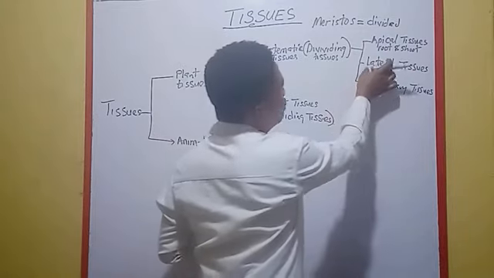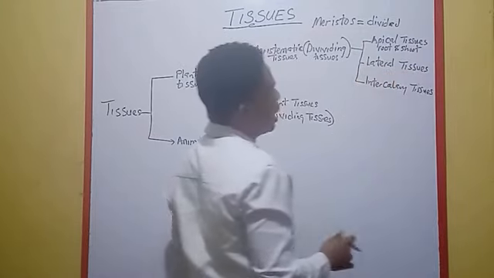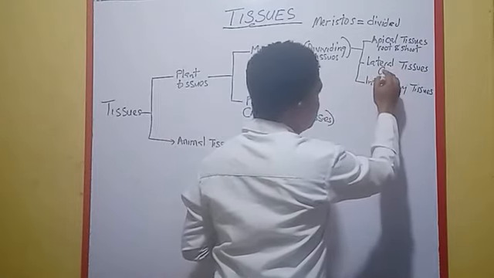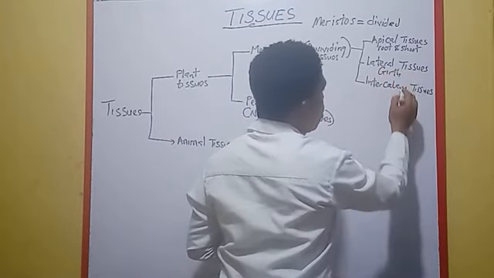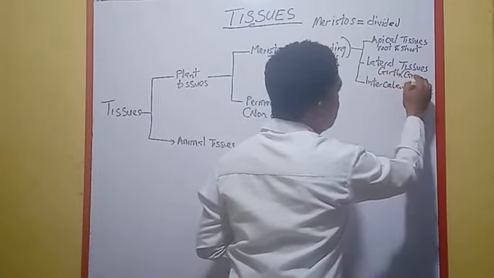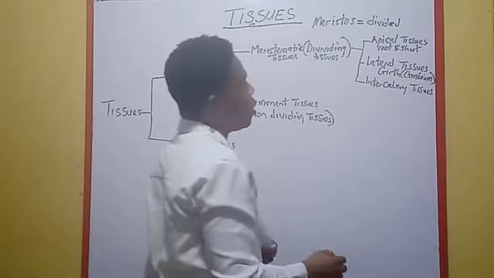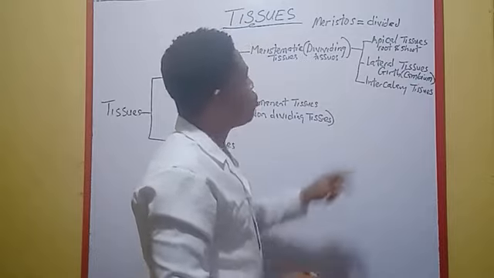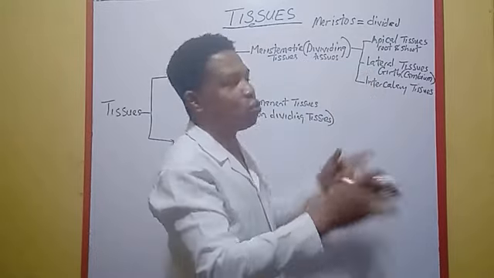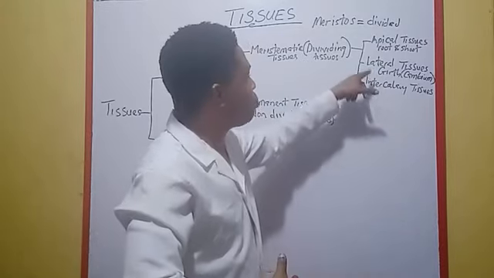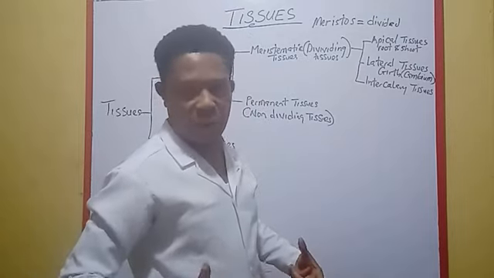Then the lateral tissue is found in the girth, or we can say cambium, of the plant. The word lateral means side to side, so they are responsible for the thickness of the plant.